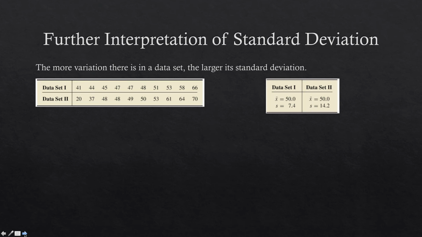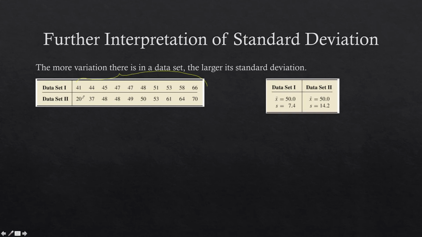Now, the more variation there is in the data set, the larger the standard deviation. So look at this group of numbers here. Look at this data set 1 and look at this group right here.